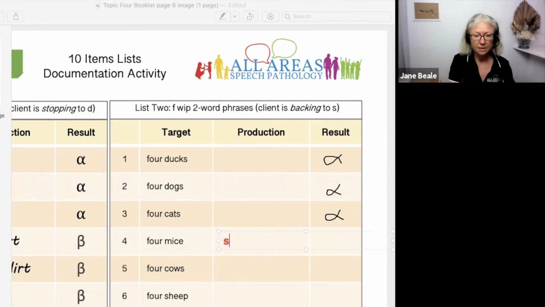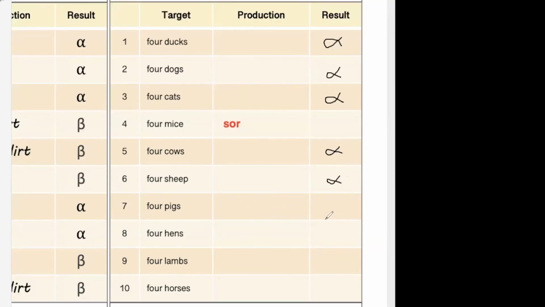I can hear saw. 5. 4 cows. Correct. 6. 4 sheep. Correct. 7. Saw pigs.